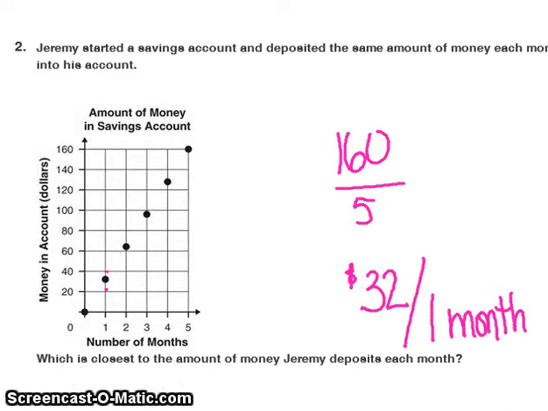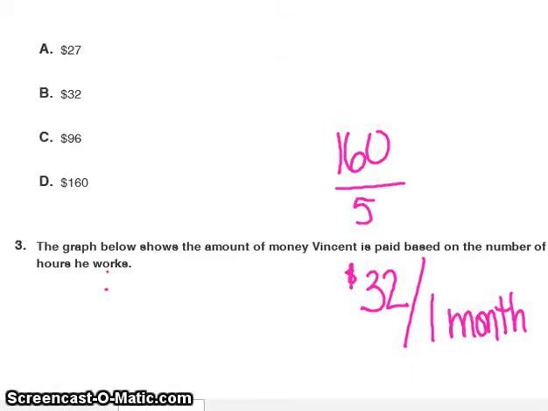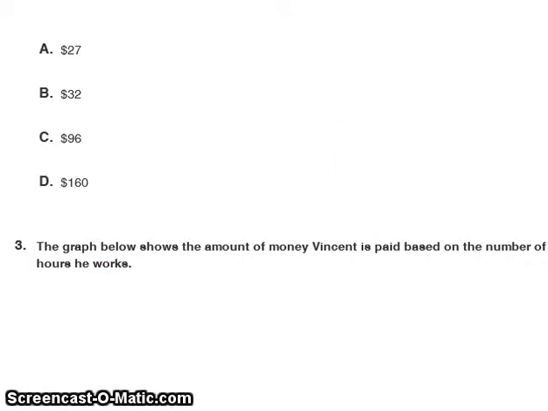Let's look at our answer choices. So looking here, 32 is the best answer choice, B. 27 is close, but it's not exact. So that's why that one is not correct. If we divide 160 by 5, we come up with exactly 32.